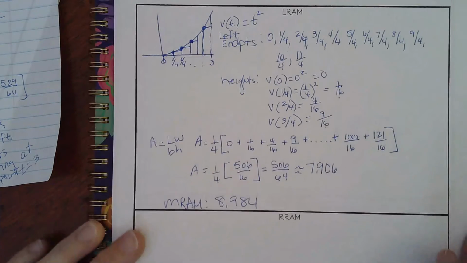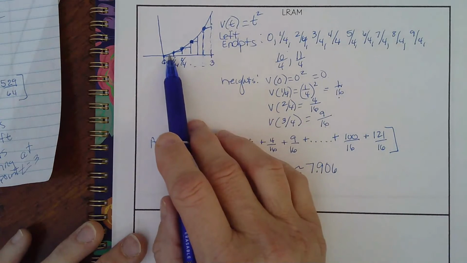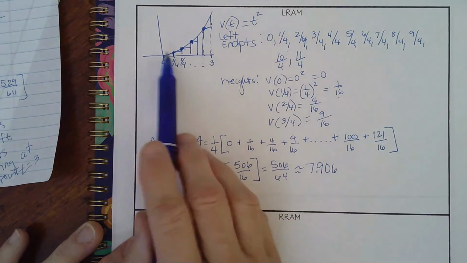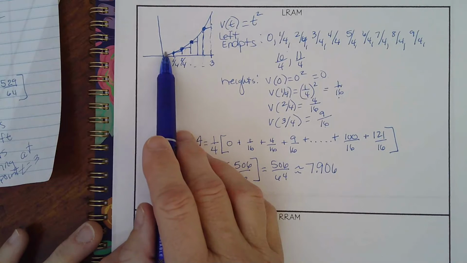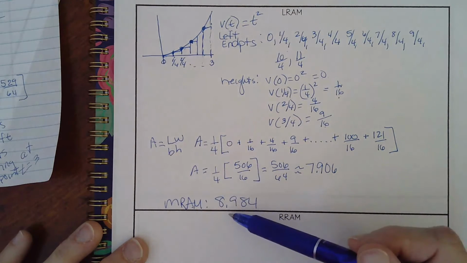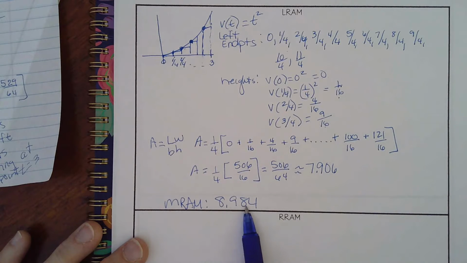So if you look at what we're working with, the midpoint used rectangles that were partly outside of the graph. So it makes sense that the midpoint approximation method is going to be a number that is higher.